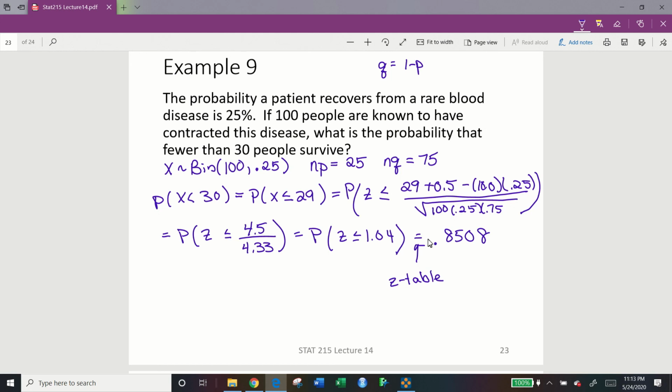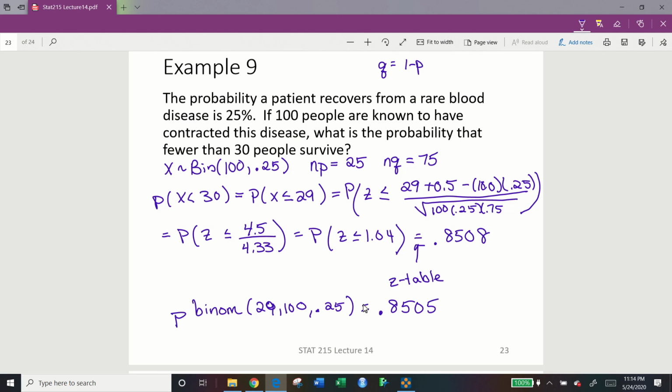Now, at this point, you're saying, okay, this is the approximation. I know from the previous example, this isn't as close as I maybe want it to be. Well, just so you know, if you were to plug this into R or some other statistical software, or if you really wanted to calculate it by hand, using the exact binomial distribution, this would have been 0.8505.